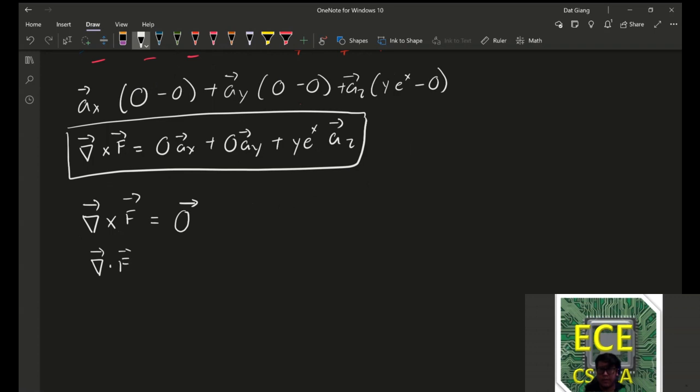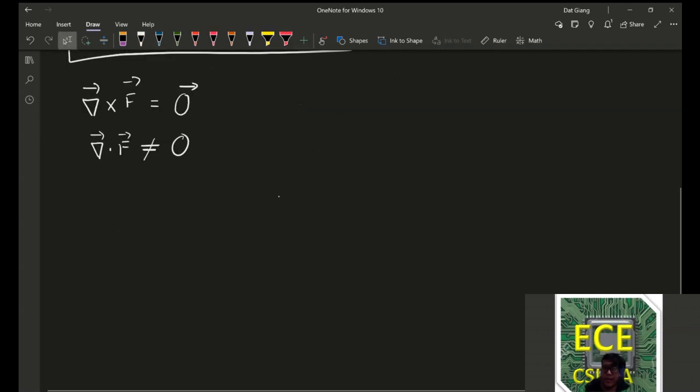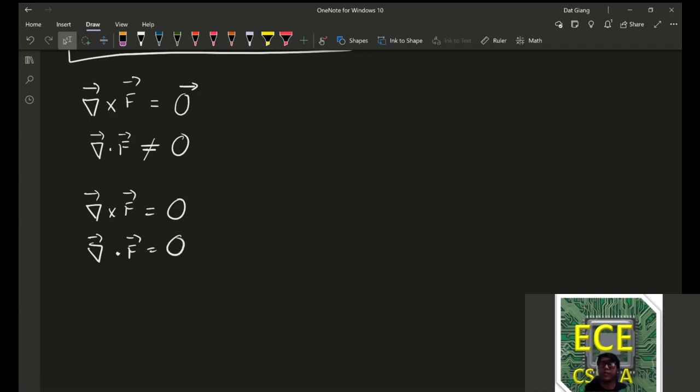So this thing, while it doesn't rotate, may be diverging. And let's suppose that in the event that it doesn't rotate and it doesn't diverge, we get this famous relation that all the vector lines are completely parallel to each other.